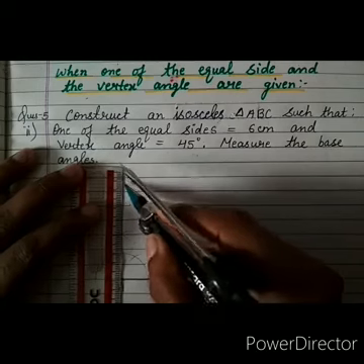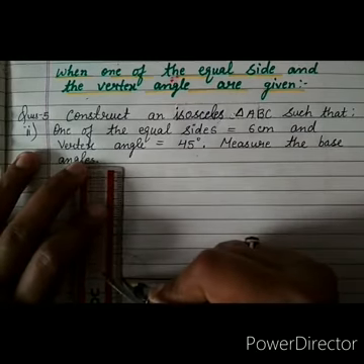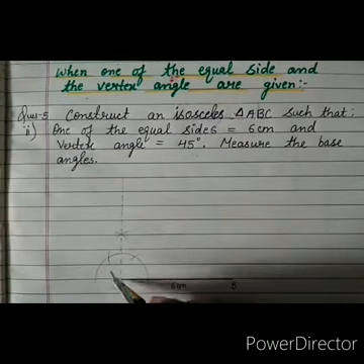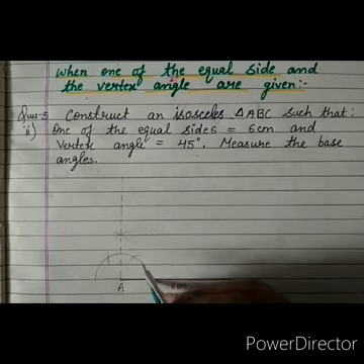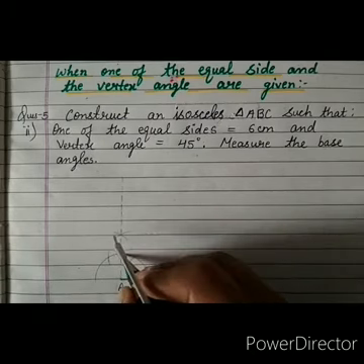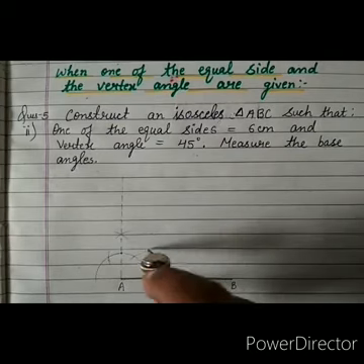Join it with a dotted line. Now in order to make 45 degree, we have to make the angle bisector of 90 degree. So for that we have to make two arcs from this point and this point. So in this way.